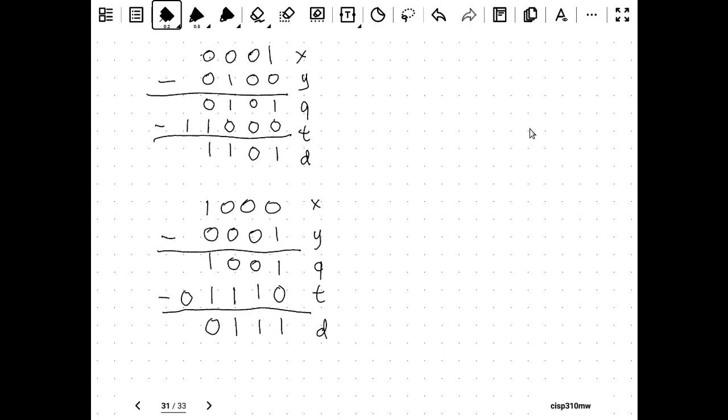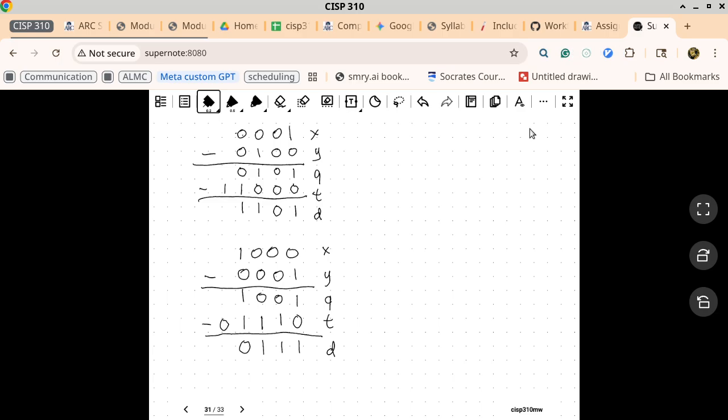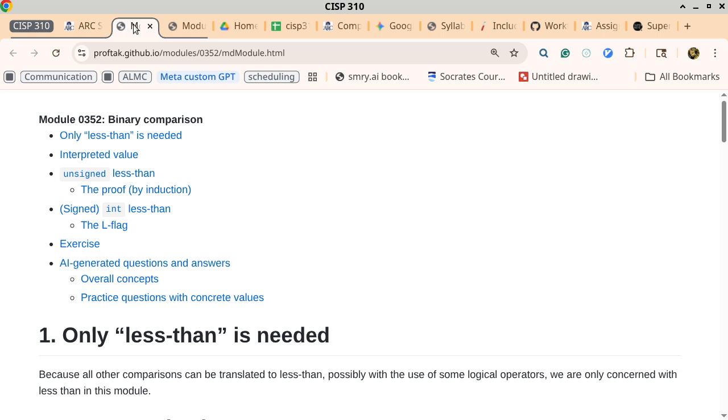This is also a good time to go back to the notes, because I need to show you an equation. Let me go back to the module, which is about binary comparison. I believe last time I said that we would be talking about binary comparison today, so hopefully you got a chance to read ahead.